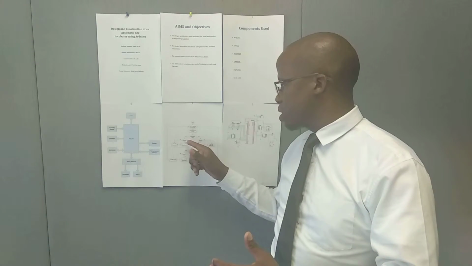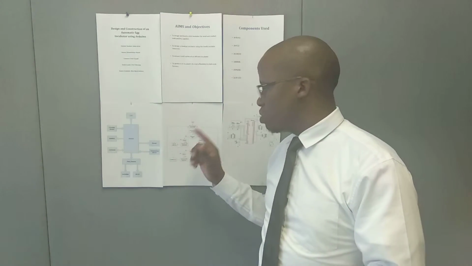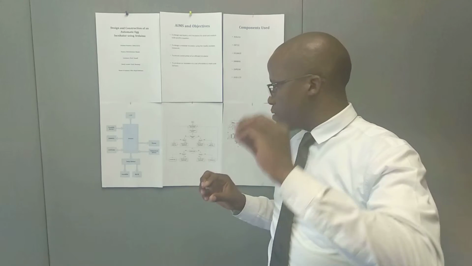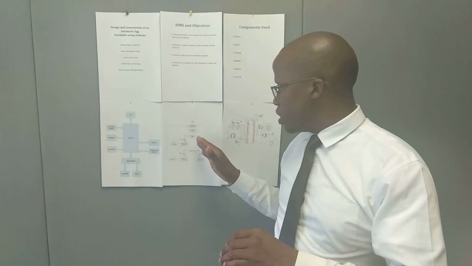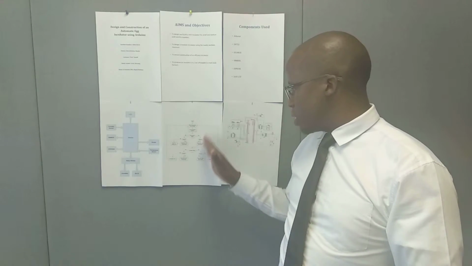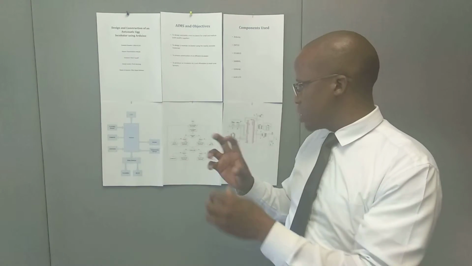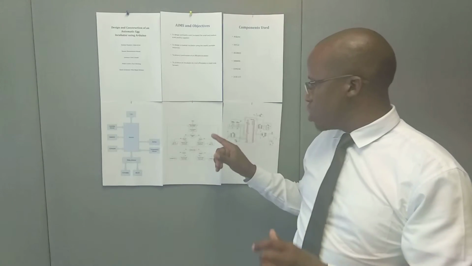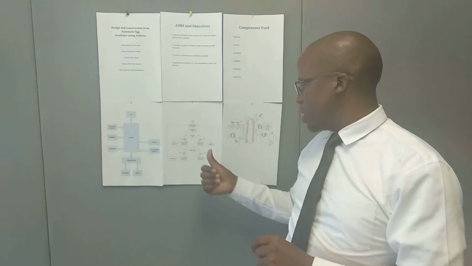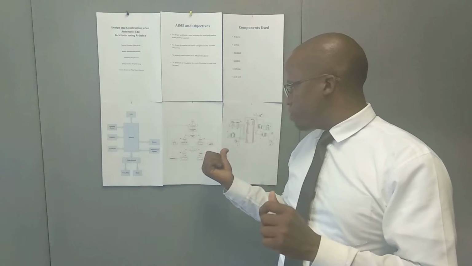So if the temperature is critical, it sends an alert SMS, and it also switches the fan off. If it is low and reaches the critical stage, it sends an SMS alert, and also it switches on the fan, and it switches off the heater in this case.